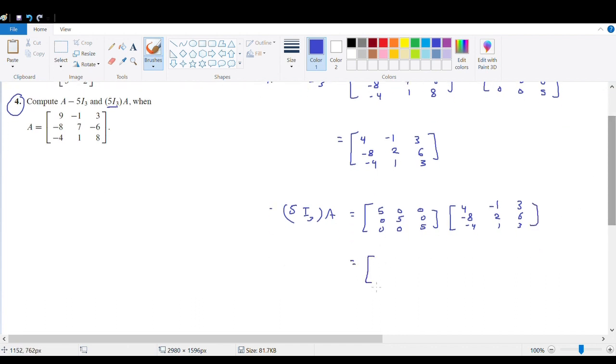We multiply the first row with the first column, first row with the second column, first row with the third column, and so on. And we get the final result here: 45, minus 5, 13, minus 40, 35, minus 30, minus 20, 5, 40. So this is the result of multiplying 5I3 by the matrix A.